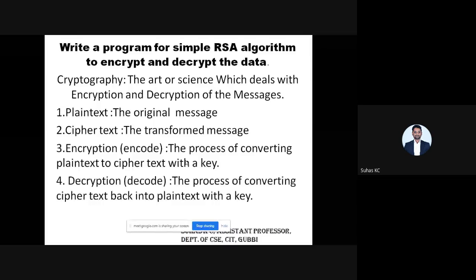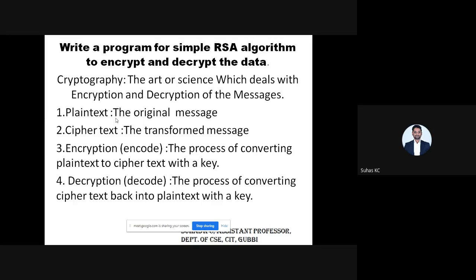The process of converting the plain text to ciphertext by using a key is called encryption. At the receiver, you need to go with a process called decryption, also called decode: the process of converting ciphertext back to your plain text, again with a key. So this is about decryption.